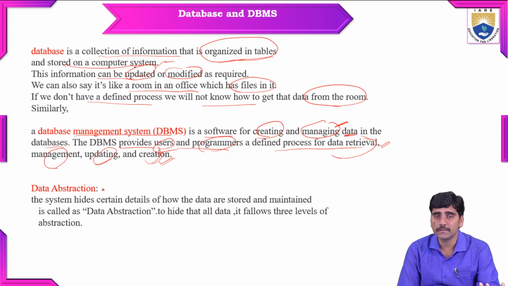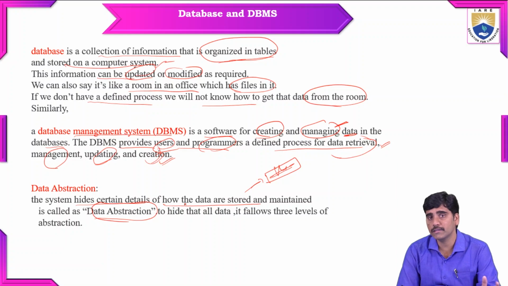From this, data abstraction: the system hides certain details of how the data are stored. Physically we can see the data in tables, but how it is logically stored and maintained is called what? Data abstraction. Hiding the details of how the data is structured and organized is called data abstraction.